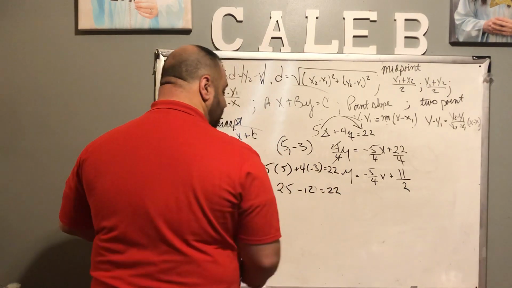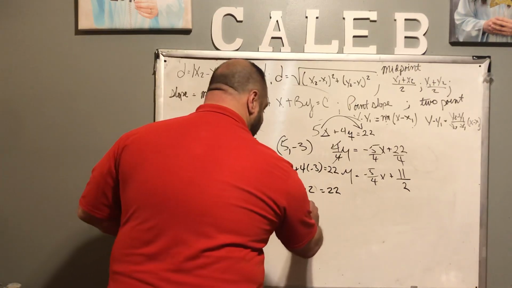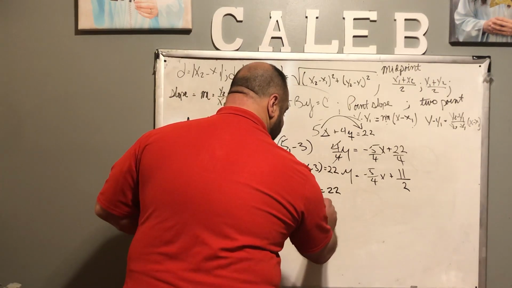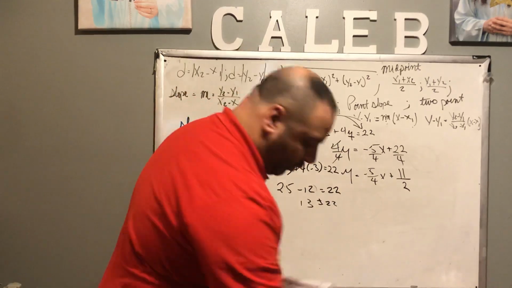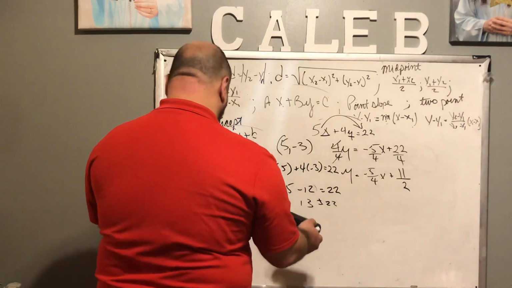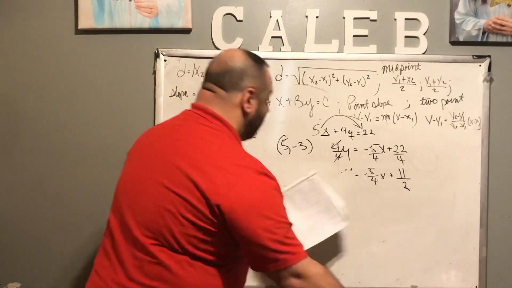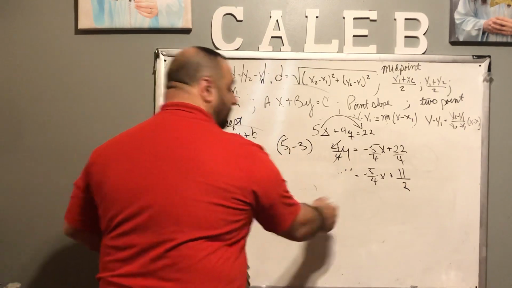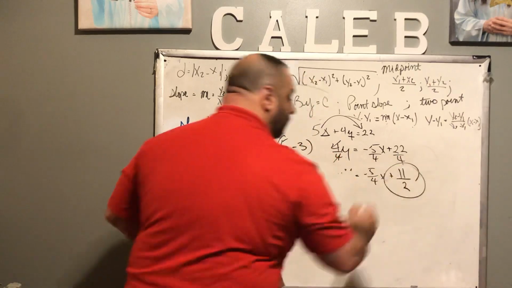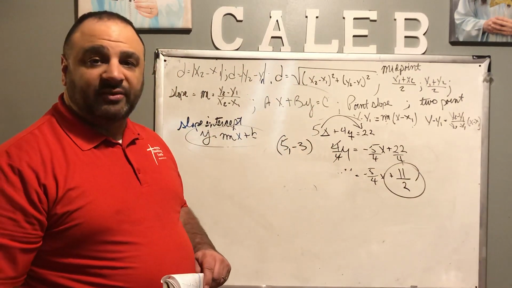So 25 minus 12 equals 13, which does not equal 22. So what do we have here? We know that for this line to be parallel, it must pass through that y-intercept.